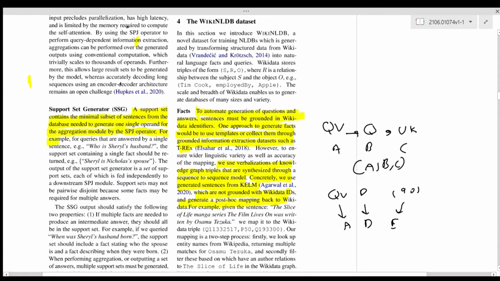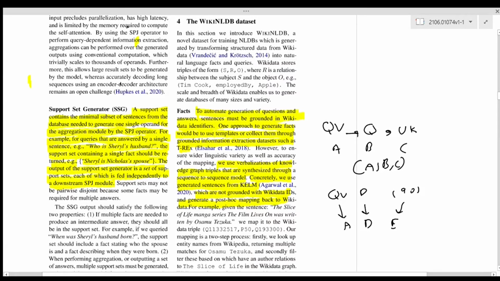For example, for queries that are answered by a single sentence, such as who is Cyril's husband, the support set containing a single fact should be returned, for example, Cyril is Nicholas' spouse. The output of the support set generator is a set of support sets, each of which is fed independently to a downstream SPJ module.